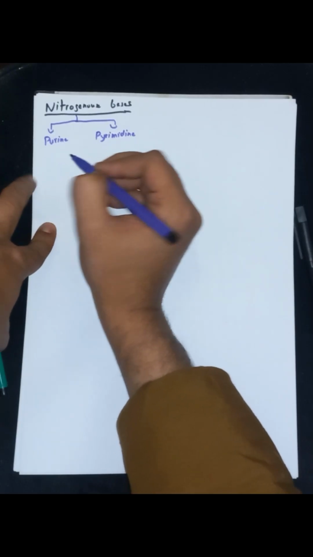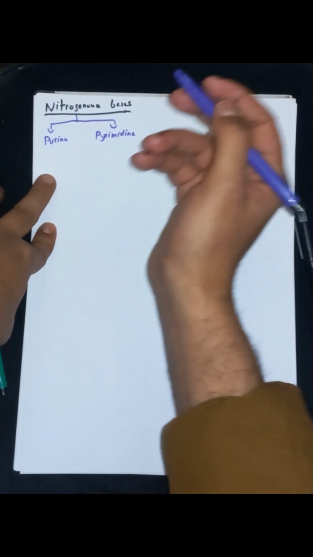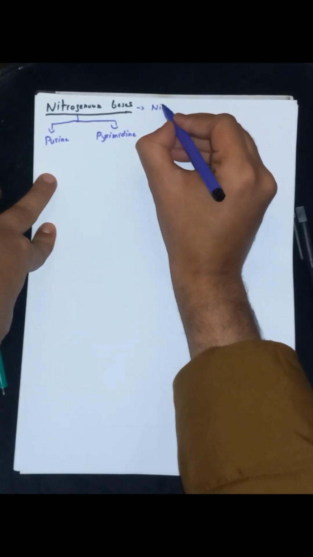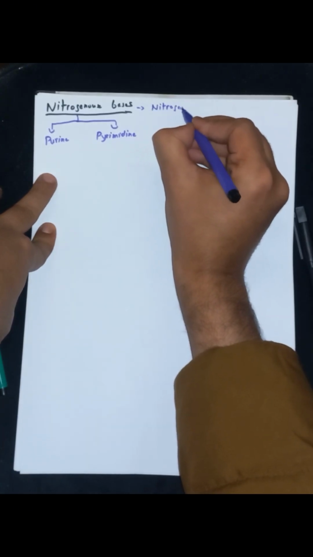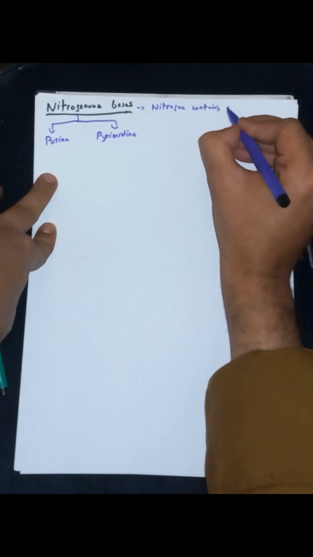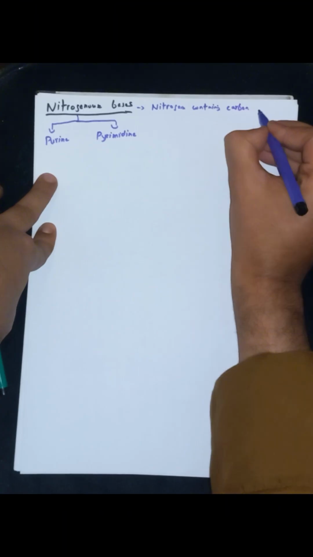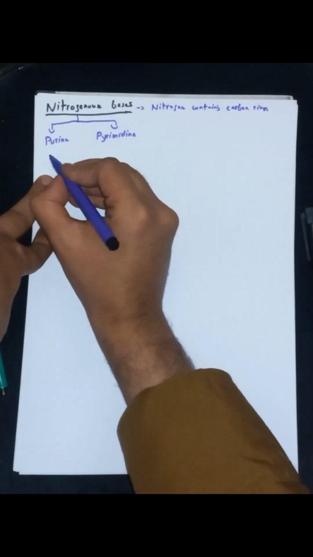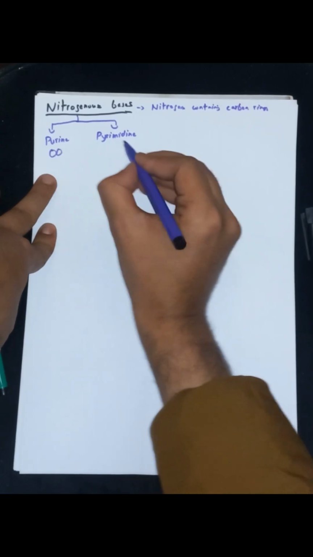They are nitrogen containing carbon rings. Purine has two rings, pyrimidine has just one ring.